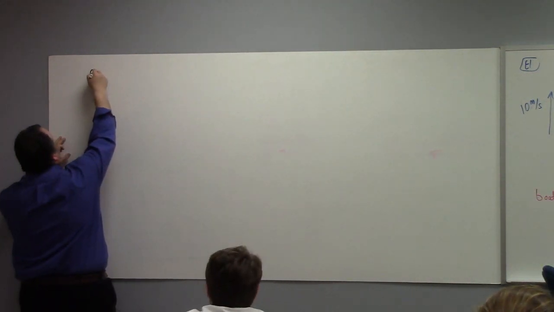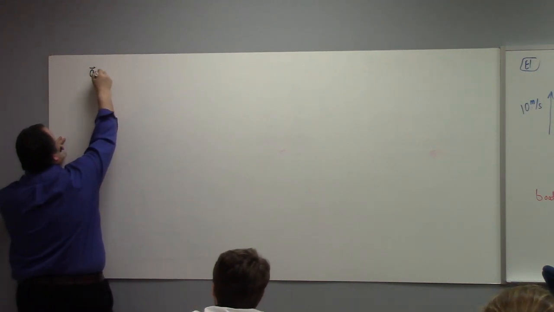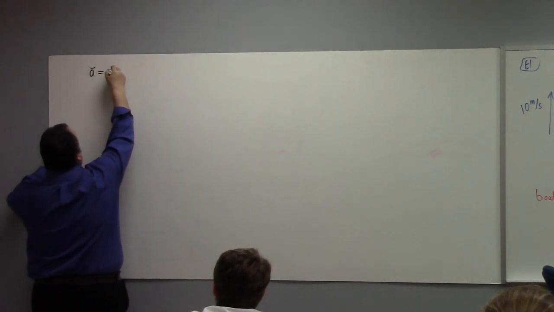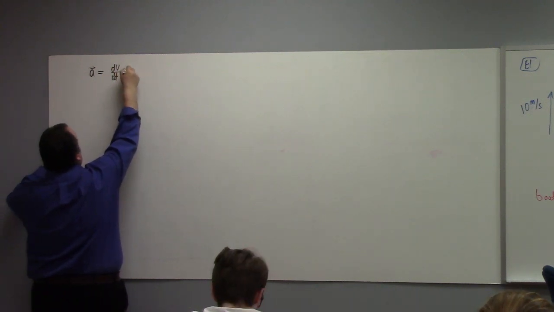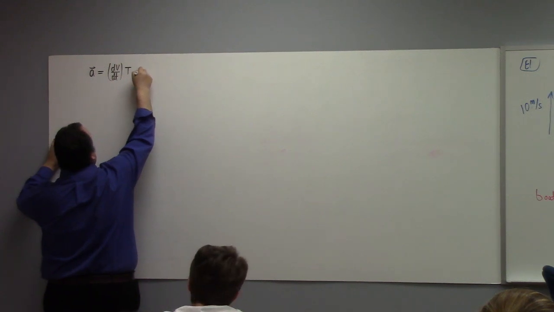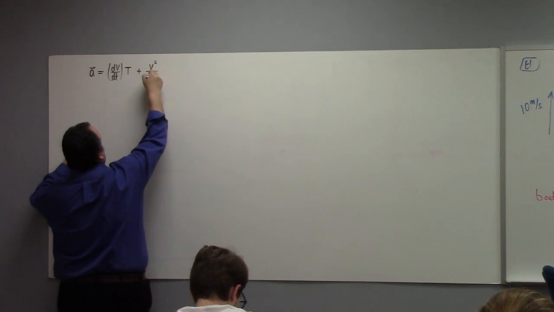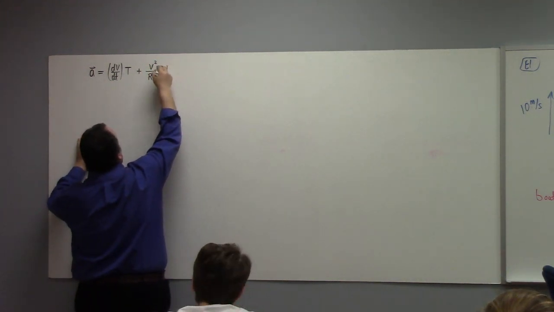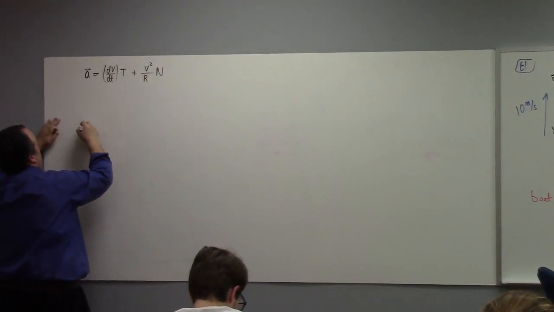So we worked this out from calculus of paths. The acceleration was the change in speed with respect to time times the unit tangent, plus the speed squared divided by the radius of curvature of the motion times the normal. So that's the formula for acceleration in general.